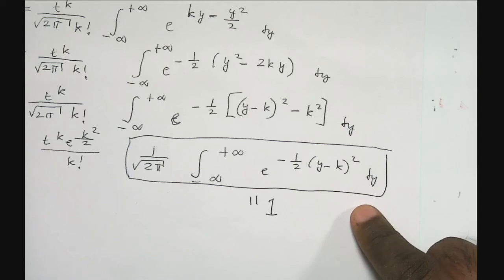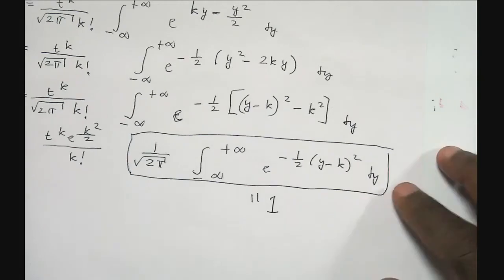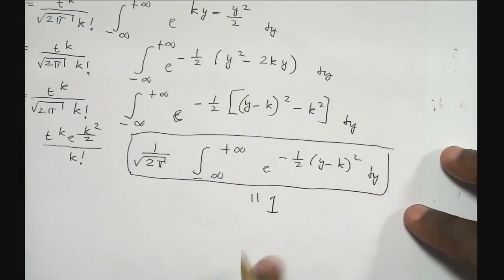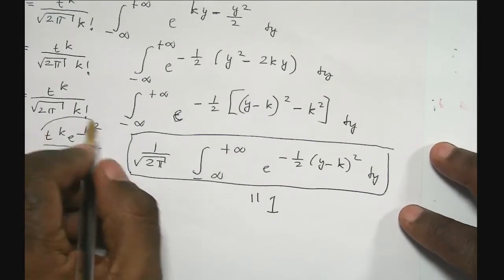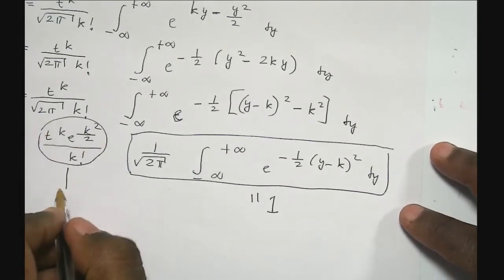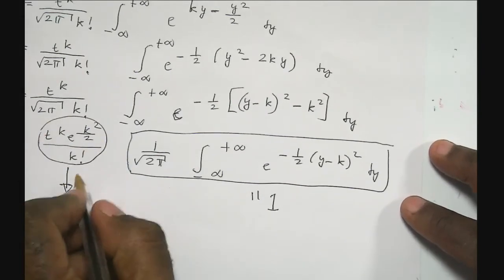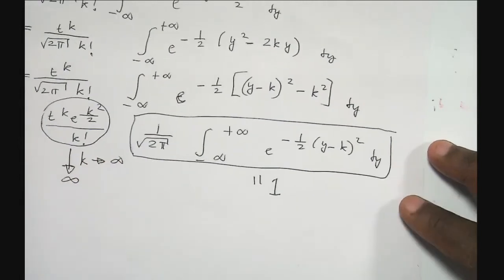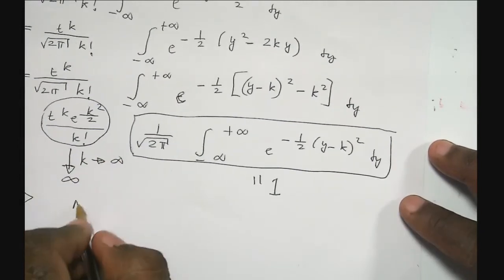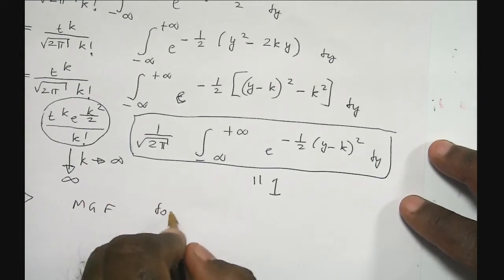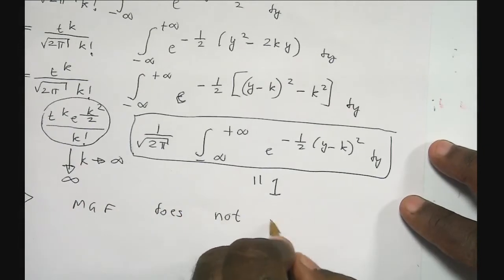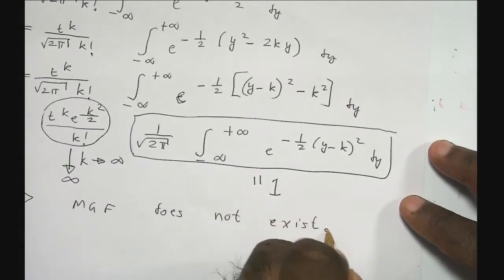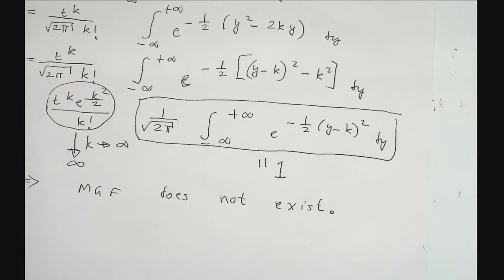Therefore, it must be equal to 1. I mean, the integral of any PDF must be 1. So this whole thing is equal to 1. So you're left with this, and if you let k approach infinity, this will go to infinity. So the MGF does not exist.